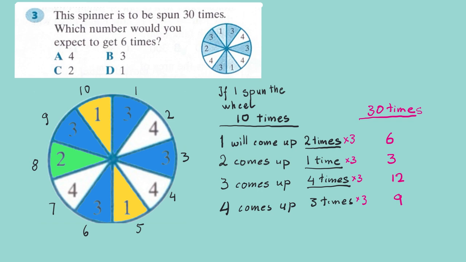And the question was, which one would you expect to get 6 times? That means number 1 will come up 6 times. And I need to highlight D because D, number 1, will come up 6 times.